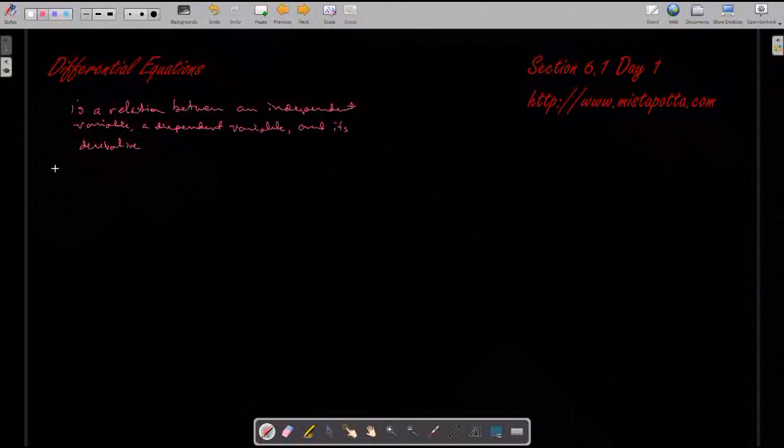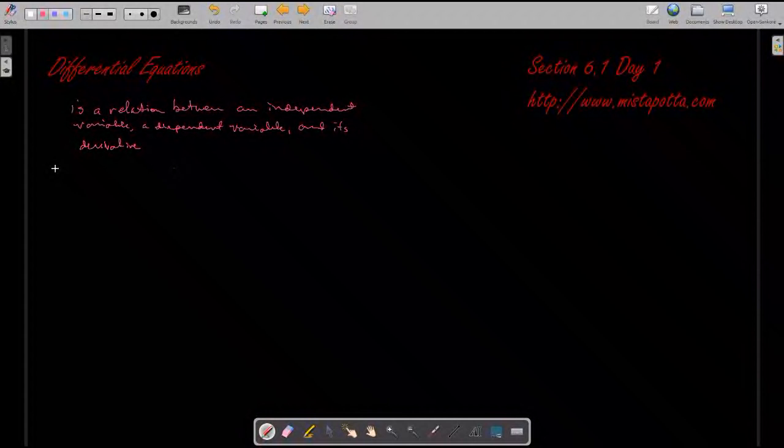So what we're going to be dealing with is x, y, and dy/dx, or we'll be dealing with t, velocity, and dv/dt. So we'll be dealing with some function and its derivative in a relation.